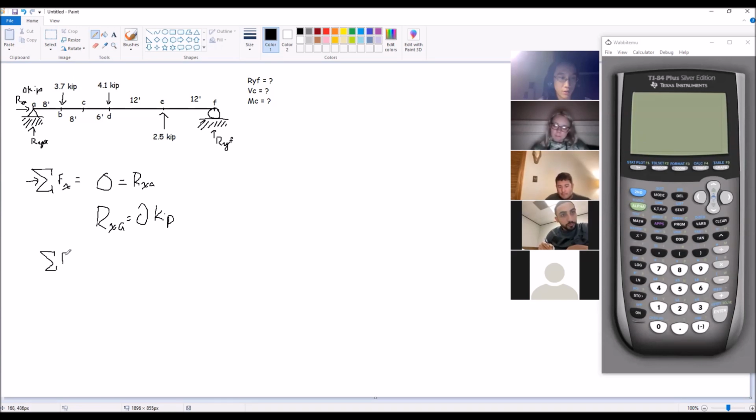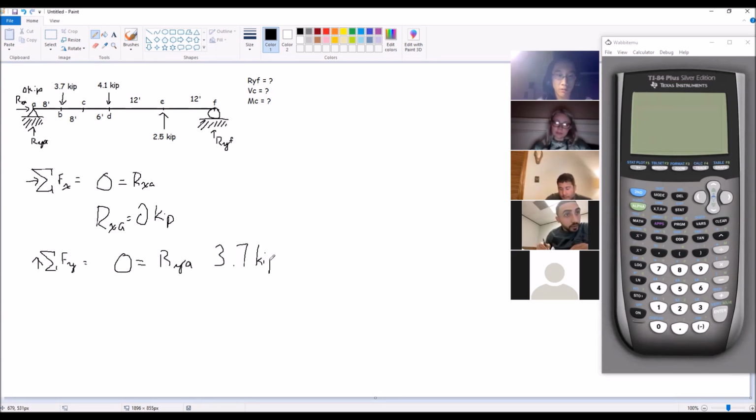Summation of forces, and let's do the y direction now, assuming up is positive. So I have 0 equals, there's an RYA right here. Is that positive or negative? It's going up, so positive. 3.7 kips, is that going up or down?